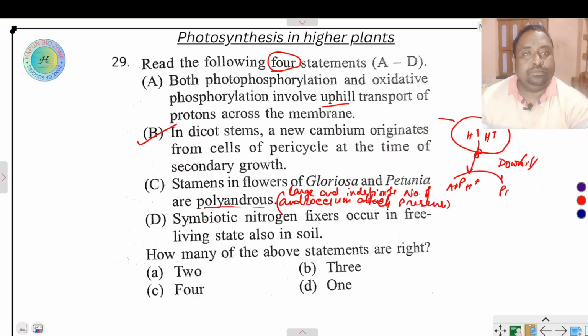So polyandrous means the androecium is large and indefinite in number. This is called polyandrous. Symbiotic nitrogen fixation occurs in free living.